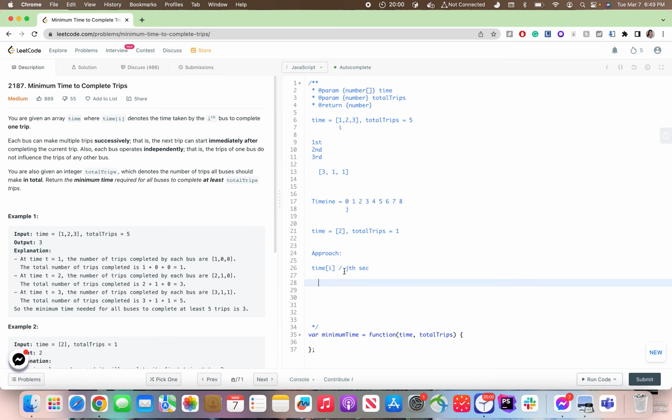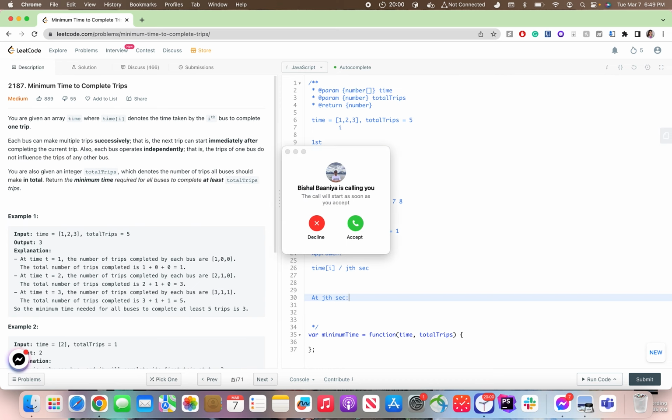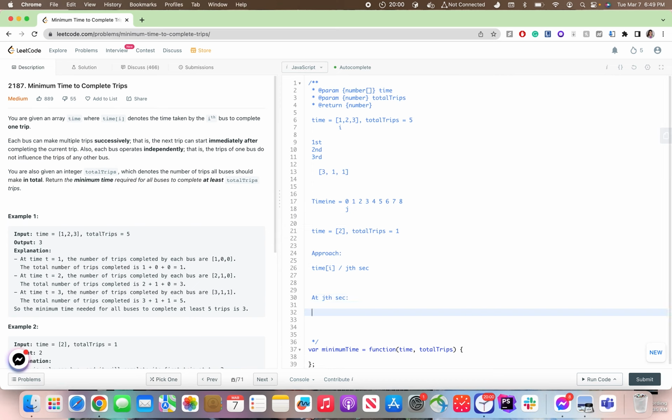So at the jth second, the value would be 1 divided by j plus 2 divided by j, 2 divided by j plus 3 divided by j, right?